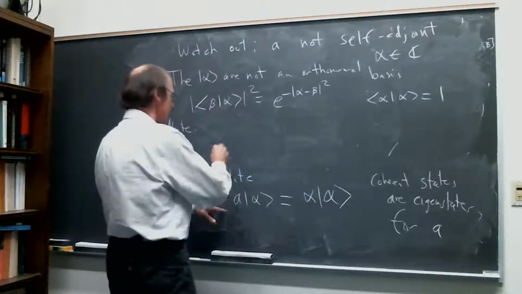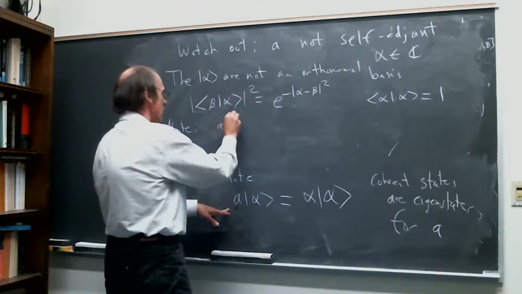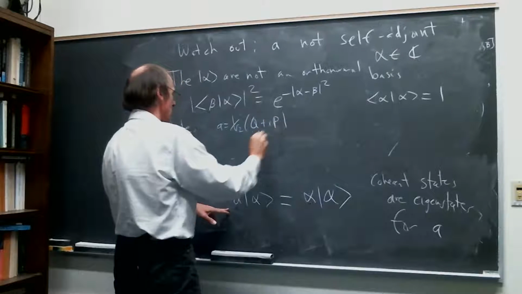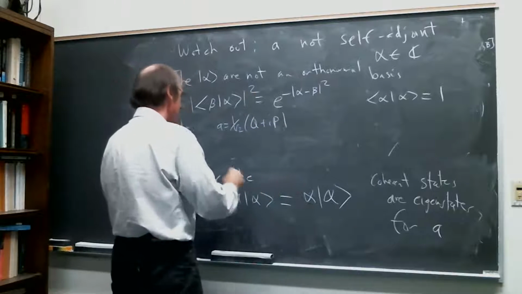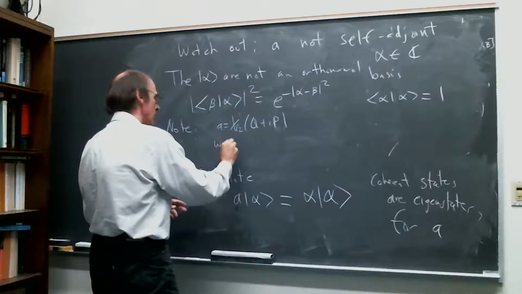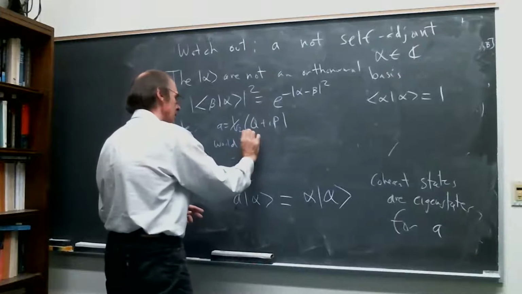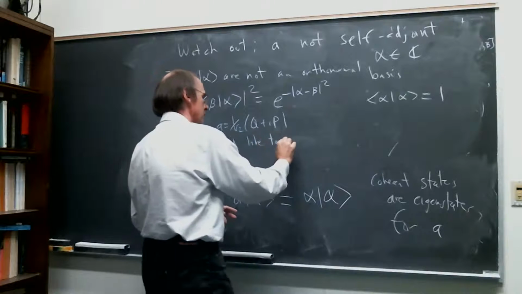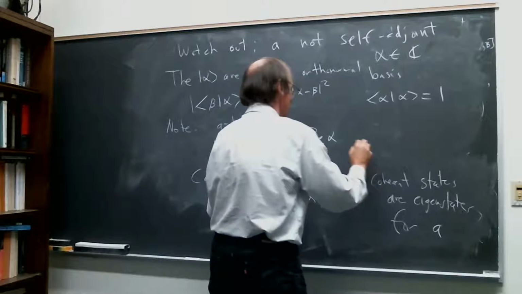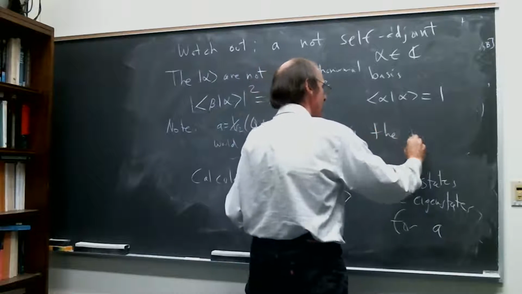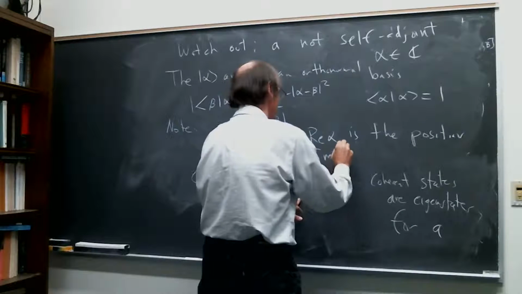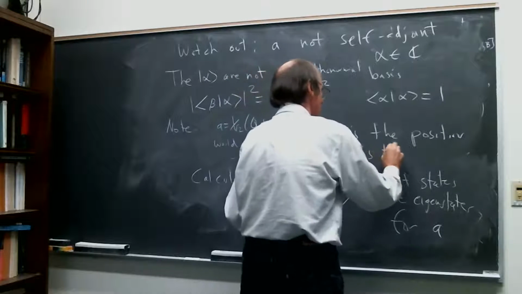What you'd like to say is that A is 1 over the square root of 2, Q plus IP, and so you'd like to say that the real part of alpha is the position, and the imaginary part of alpha is the momentum.